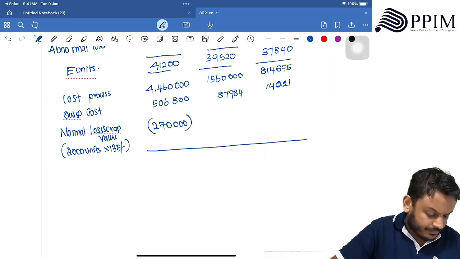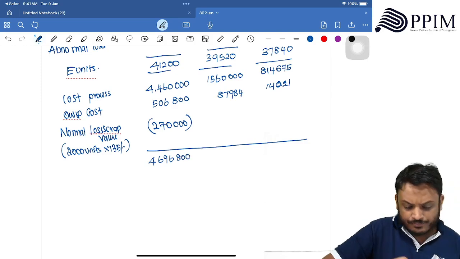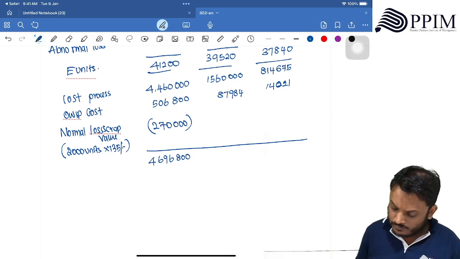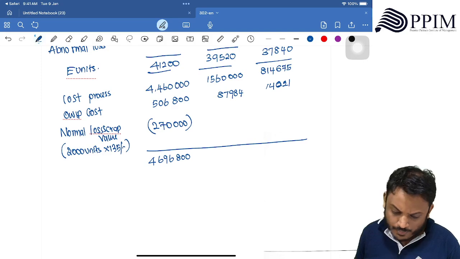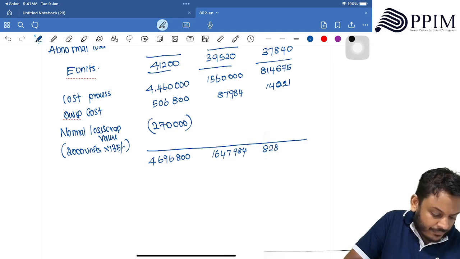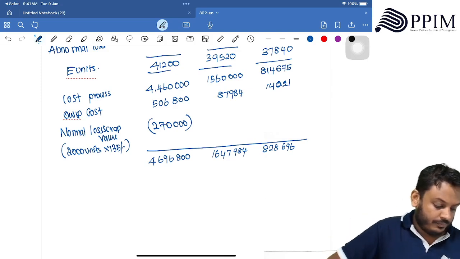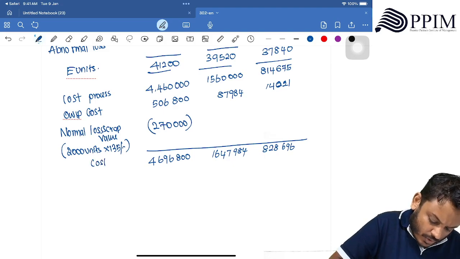So here: 4,696,800 for material; labor 1,560,000 plus 87,984, that is 1,647,984; and overhead 828,696. Now the cost is done.